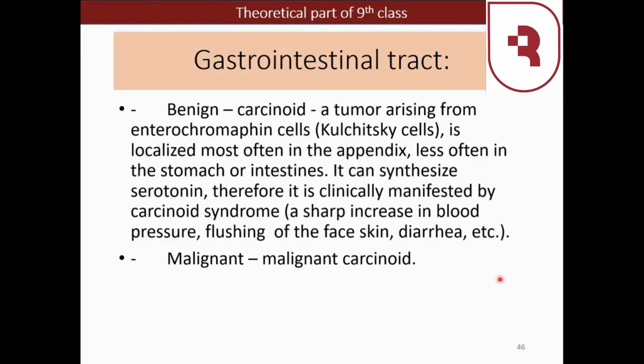If it synthesizes serotonin, it is clinically manifested by carcinoid syndrome: a sharp increase in blood pressure, flushing of the face, skin, diarrhea, and so on. The malignant type of gastrointestinal tract typical tumors is malignant carcinoid.